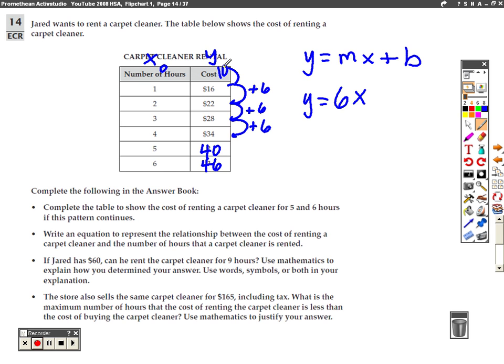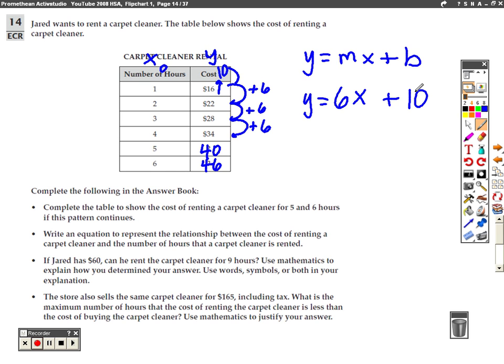The way that I did that is I took the 16, I subtracted 6 because we're going backwards, and I got a cost of $10. So that is my equation that represents the cost: $6 per hour plus what appears to be a $10 basic rental fee.